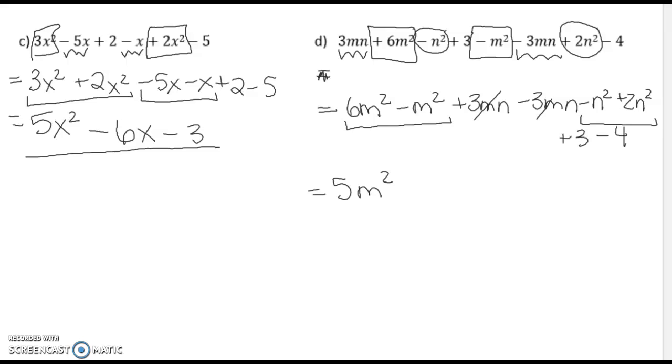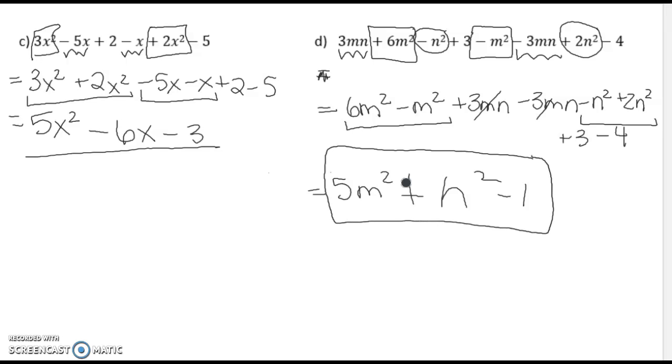Okay, that's going to give us positive n squared. And then last but not least, we have 3 minus 4, which gives us negative 1. So there's our final answer.